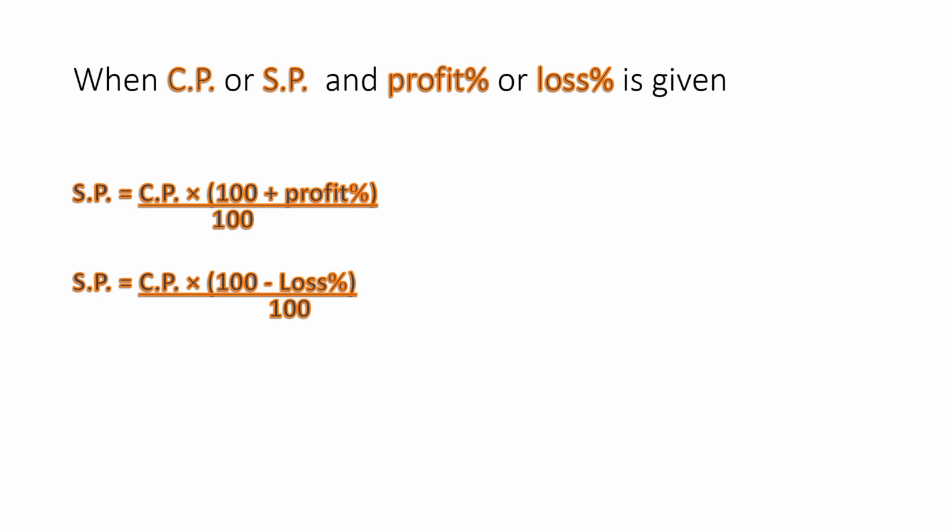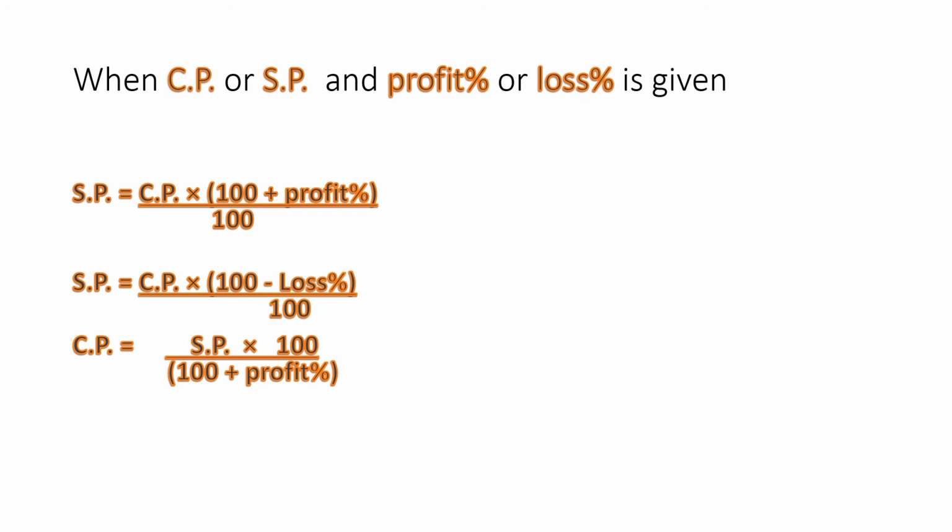Now if you have to find CP when SP and profit percent are given, then CP is equal to SP into 100 upon 100 plus profit percent. From the first formula we have derived this.